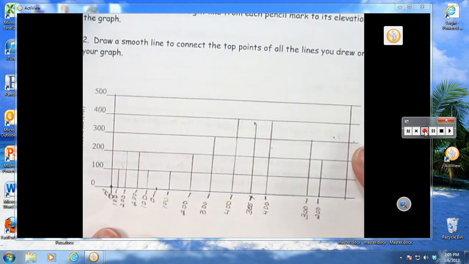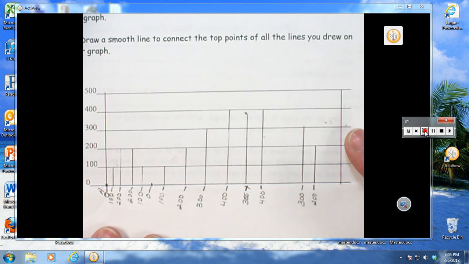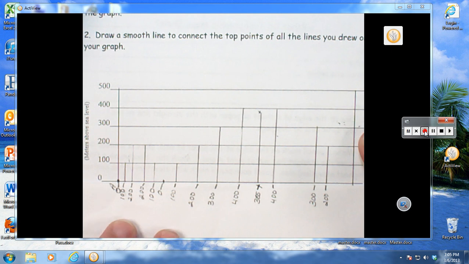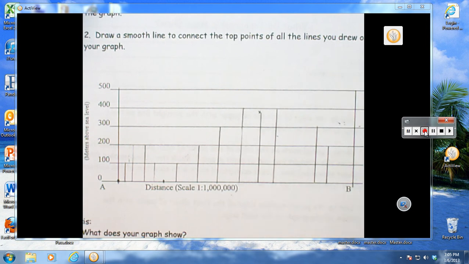So your graph now should look like this. You've done all the straight lines to mark the elevation of each of the points on the contour line map. Number 2 says to draw a smooth line to connect the top points of all the lines you drew on your graph. Like I said, you don't see in real life straight lines and corners when it comes to land surfaces and earth surfaces.